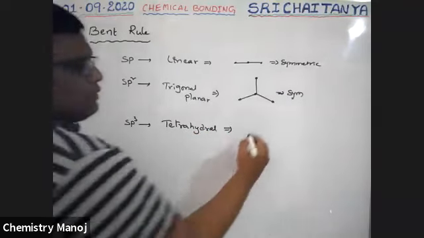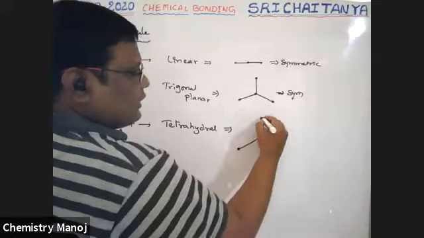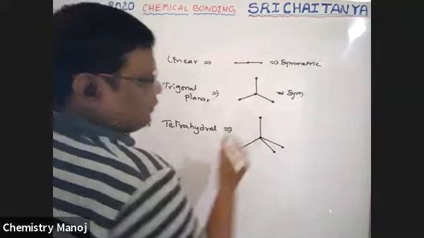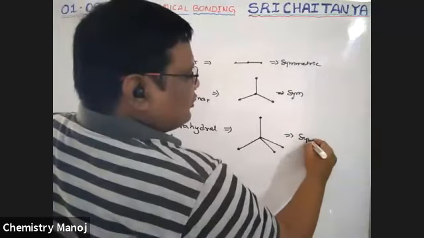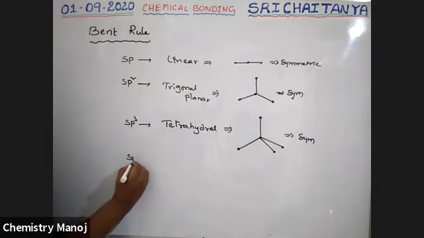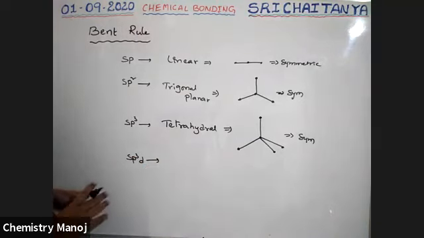Tetrahedral means there is a central atom, and these are the attached atoms, boys. So this is tetrahedral. This one also has a symmetrical structure. Okay. So now sp3d hybridization.